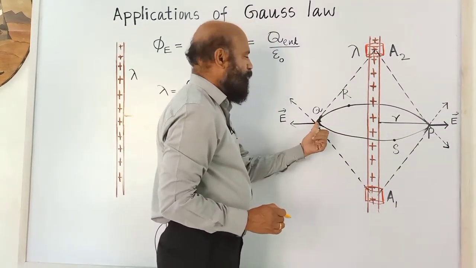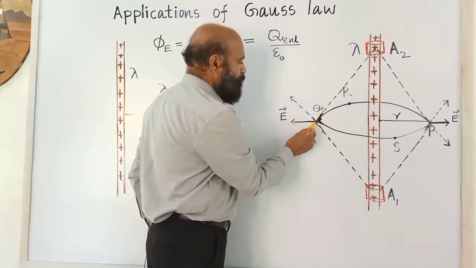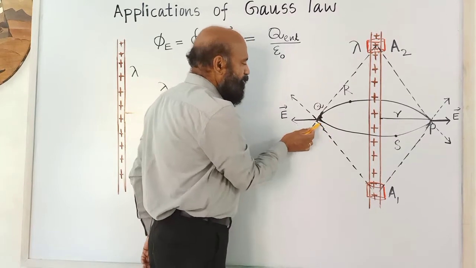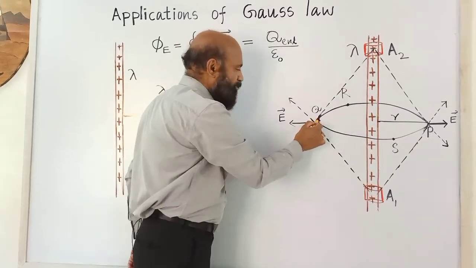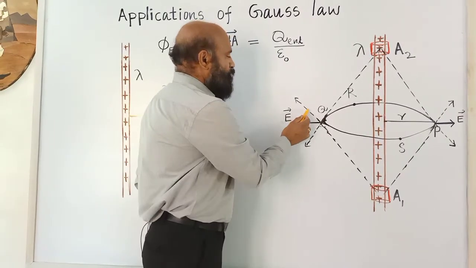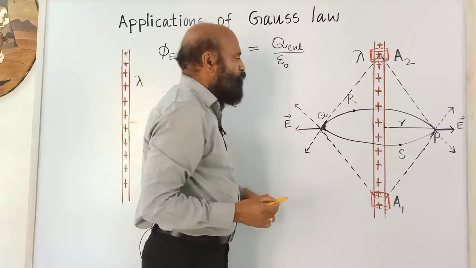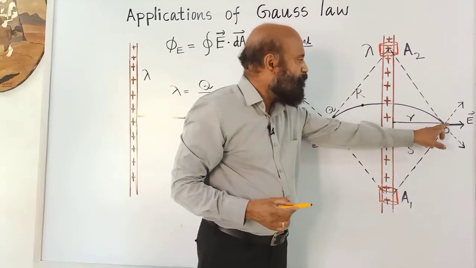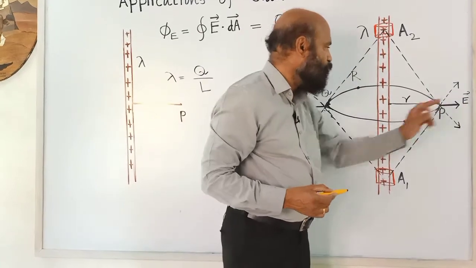Similarly, you consider a point here at the same distance. So field here because of this charge element is acting along this direction. Field here because of this charge element is acting along this direction. So resultant of these two is acting along this direction. So resultant electric field at the point is radially acting outward.